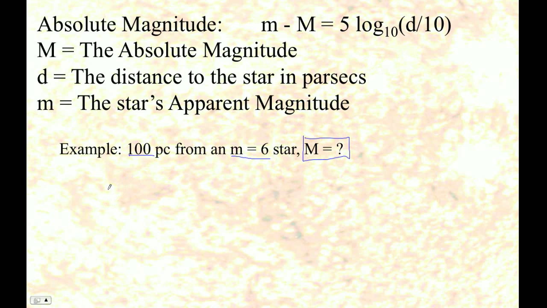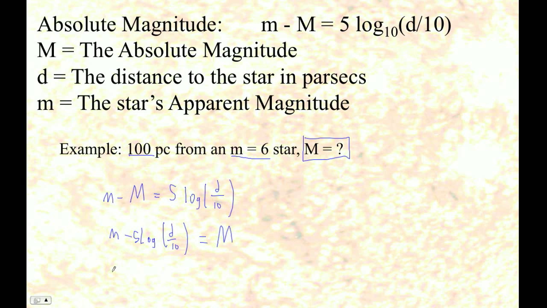We have m minus big M equals 5 log, I'm just not going to say base 10, D over 10. If we want to solve that for big M, we have m minus 5 log D over 10 is equal to big M, because I subtracted this from both sides.